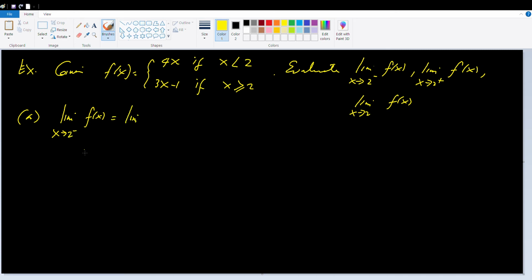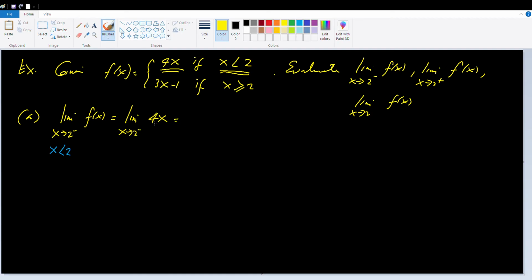The expression x approaches 2 from the left indicates that x here is less than 2. And for x less than 2, the definition of f is 4x. So you evaluate the limit of 4x as x approaches 2 from the left.